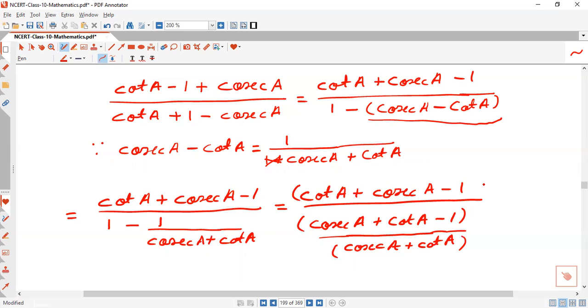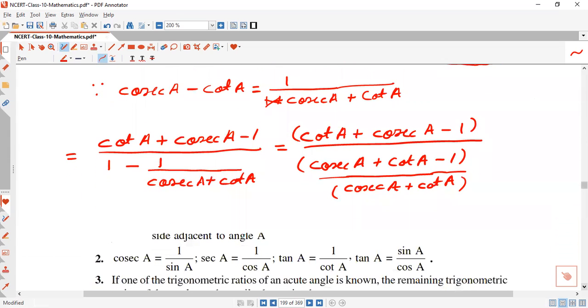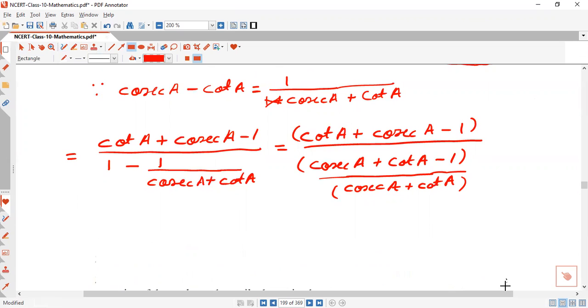Now you see, cot A plus cosec A minus 1 in the numerator and denominator will cancel out, and this will be equal to cosec A plus cot A. Proved.